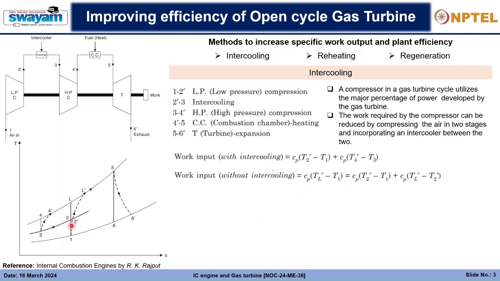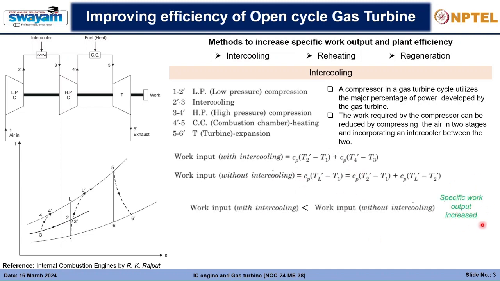This TL dash minus T1 can be divided into two parts, T2 dash minus T1, which is the same in both the cases, whereas the other part is TL dash minus T2 dash, right? Now if we compare, the difference between T4 dash and T3 here is lesser than TL dash minus T2 dash here. So this part is less than this part. So the work input required with intercooling is lesser in comparison to the work input required without intercooling.